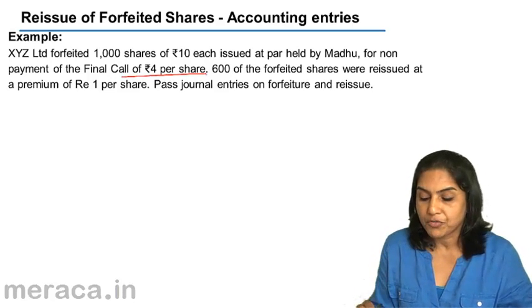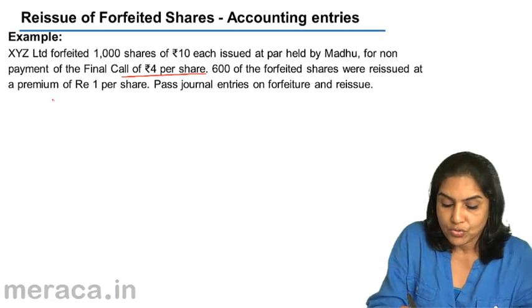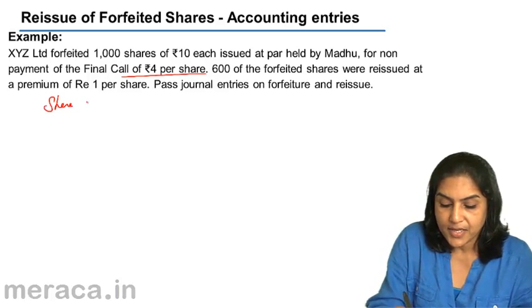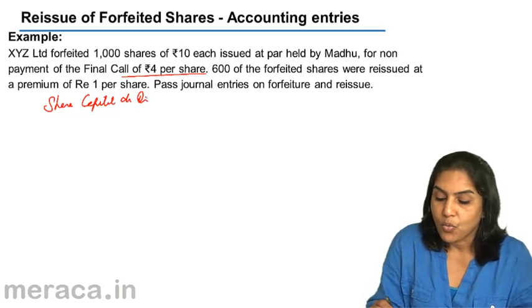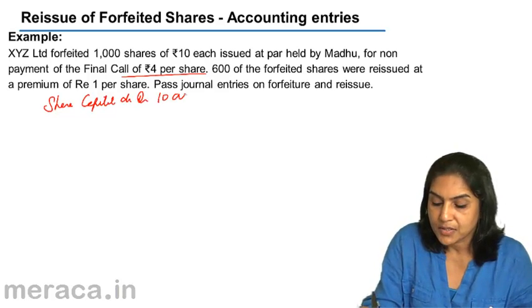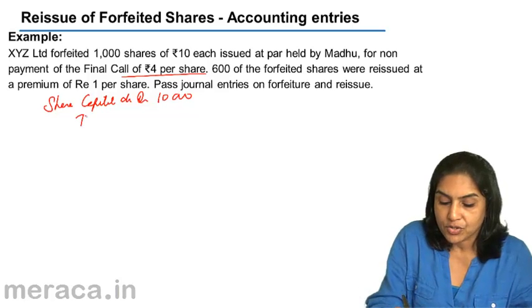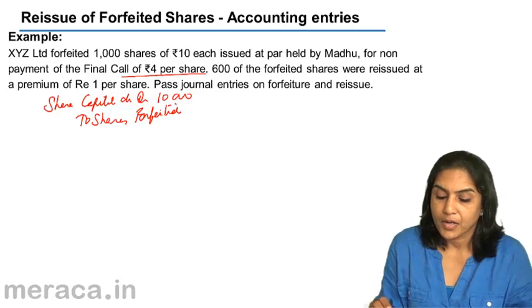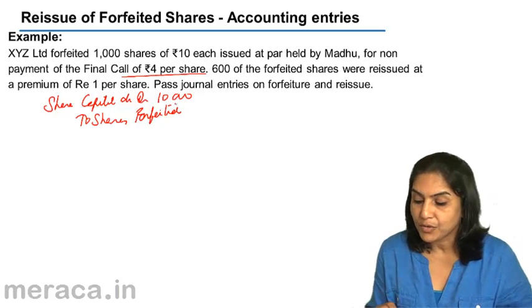Again, the final call of Rs 4 per share. So again, the entry is the same. On forfeiture, we say share capital account debit 1000 shares into 10, 10,000, to shares forfeited account. Forfeited is the amount received.